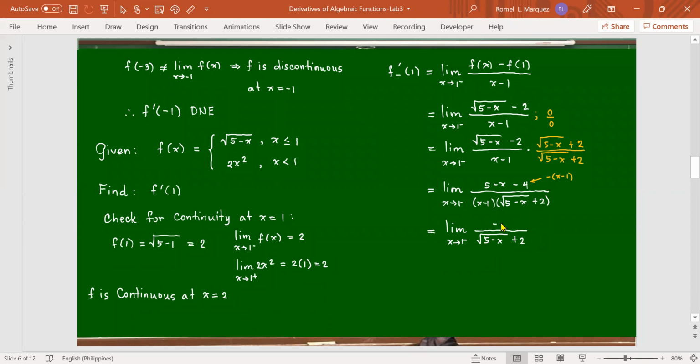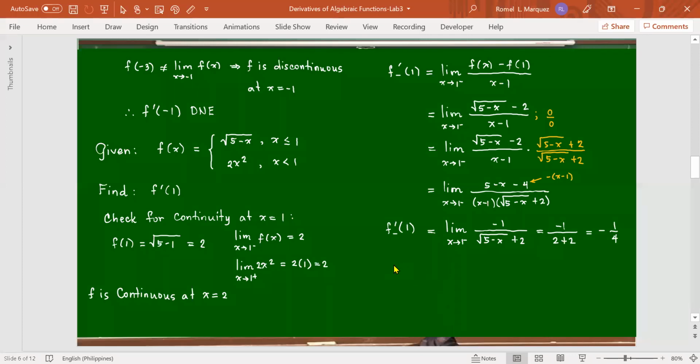The numerator is simply negative 1. Now we can get the derivative from the left of 1: negative 1 over 2 plus 2, which is negative 1/4. Get it, guys?